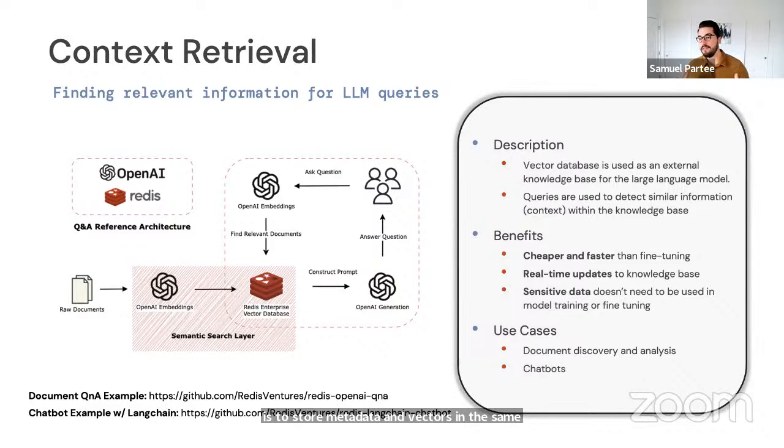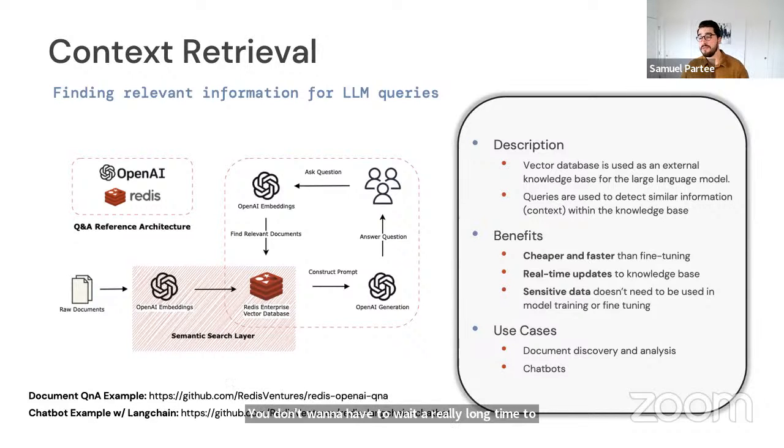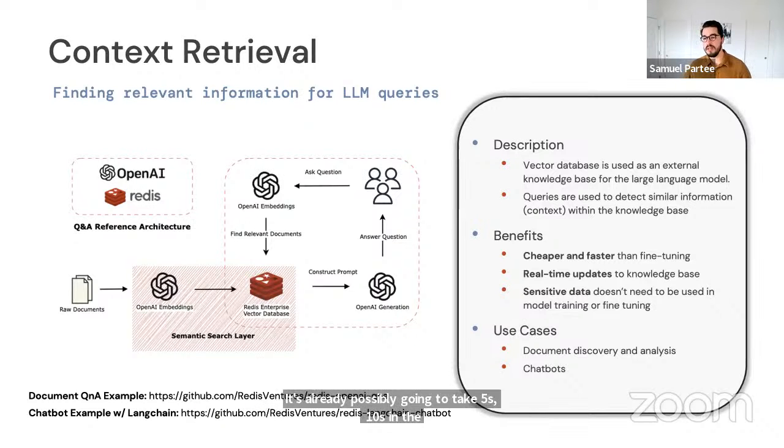Think about it, if you are searching through something, say you have 1 million documents that chunk up into 5 million embeddings, you don't want to wait a really long time to search through those 5 million embeddings just to retrieve the context for a large language model that's already possibly going to take 5 seconds, 10 seconds in the case of some of the GPT models. So storing that metadata in conjunction is really important.